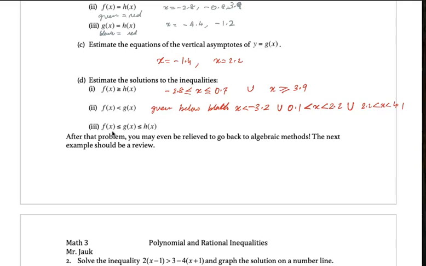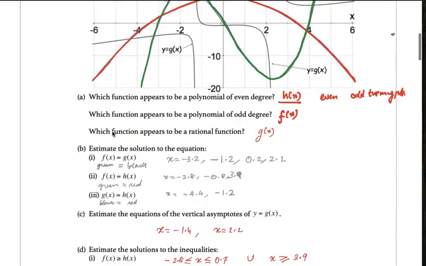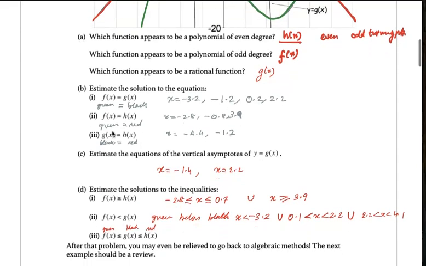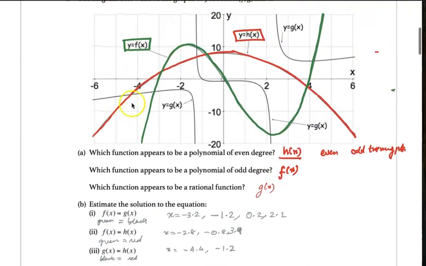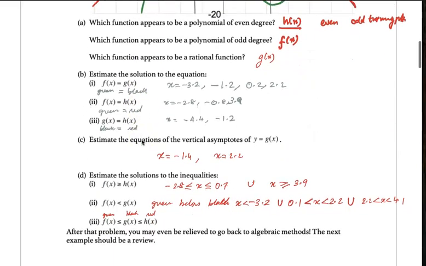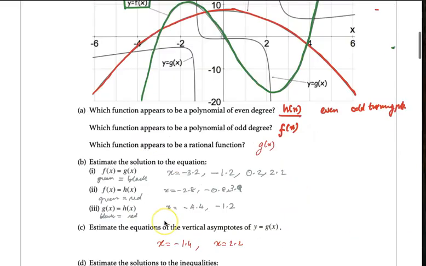Then what is f(x)? f(x) is green. Green is below black, and black is below red.